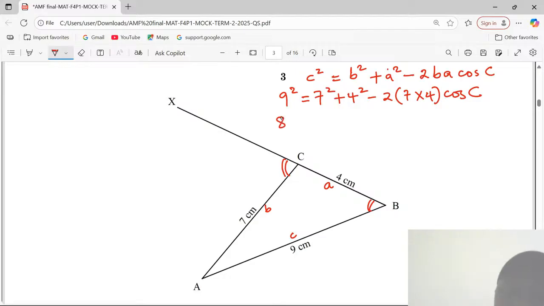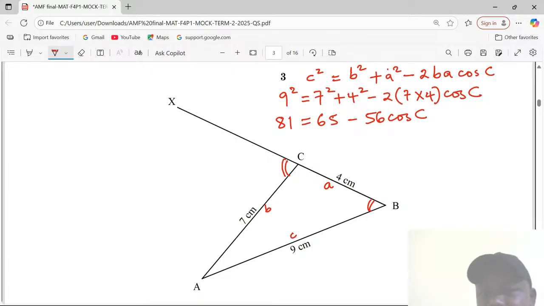This is 81 equals, I take 49 plus 16, giving us 65, minus 2 multiplied by 7 and 4. This gives us 56, the cosine of the angle at C. So I have to take now 81, I subtract 65.